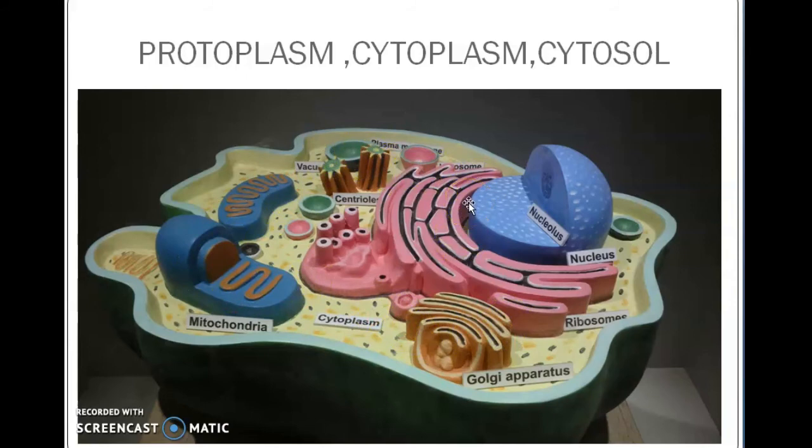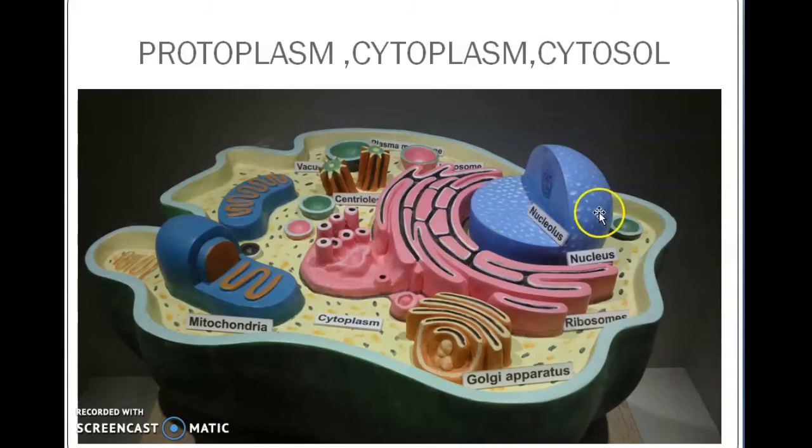So what is protoplasm? Anything inside the plasma membrane is protoplasm, right? It comprises all these things like the nucleus, all the cell organelles, the cytoplasm, all things. All the things which are inside the plasma membrane are called protoplasm. Now what is cytoplasm? Cytoplasm is everything included in the cell membrane except the nucleus.